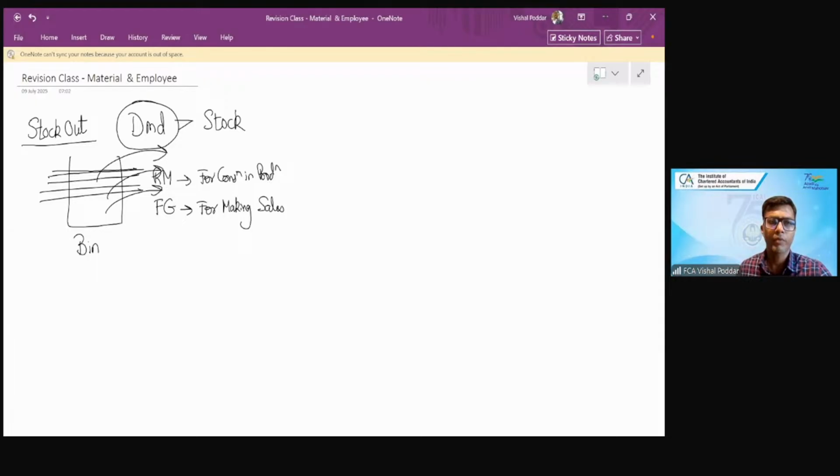Now, this stock level will refill whenever there is a purchase, that is, goods are received in the stock. But there can be a timing difference. What is the timing difference? As per your EOQ, your reorder level, and your reorder period, you had given 18 days. 18 days is your reorder period.